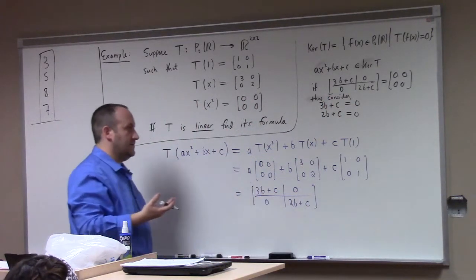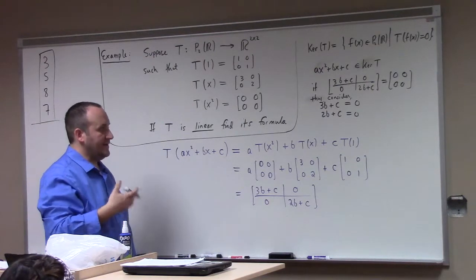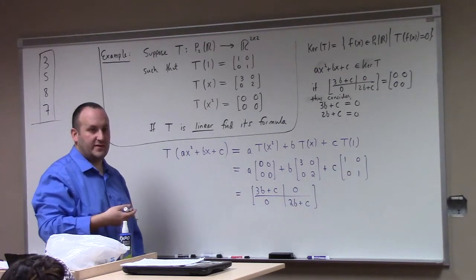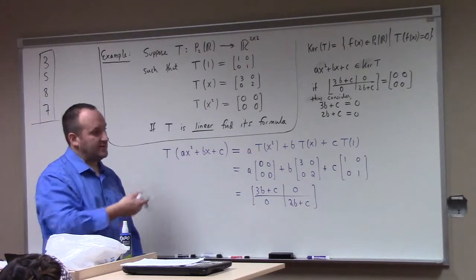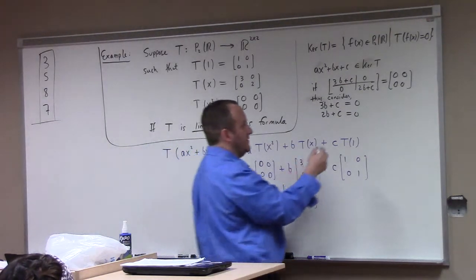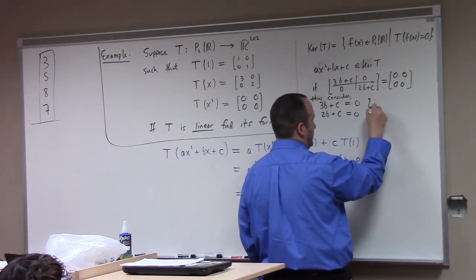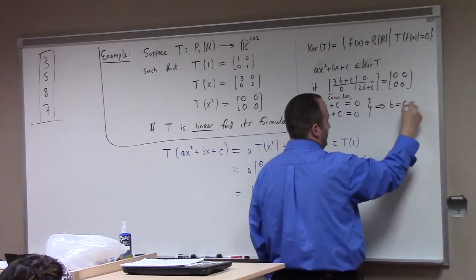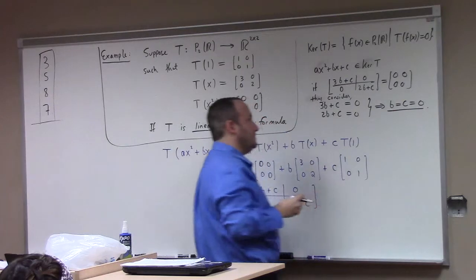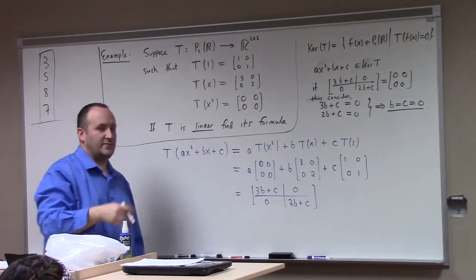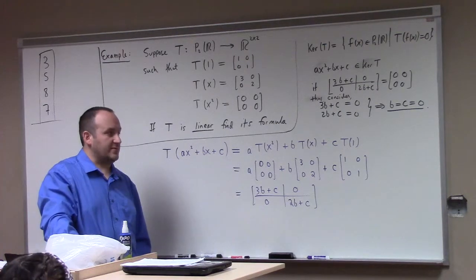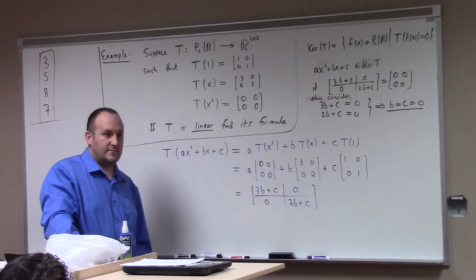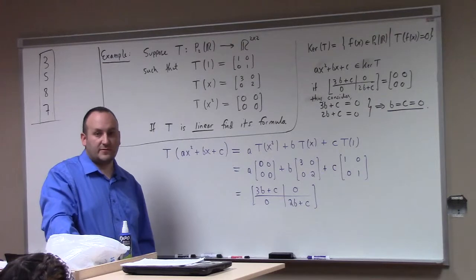Those are two lines in the bc-plane which don't have the same slope, so the only place they intersect is at the origin. You can solve these two equations in two unknowns: the solution is b equals c equals 0. If you solve both for c, you'd get 2b equals 3b, so b is 0. Once you know b is 0, c is 0. Wait a minute, where's a?